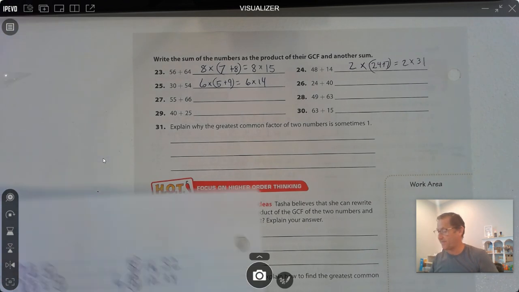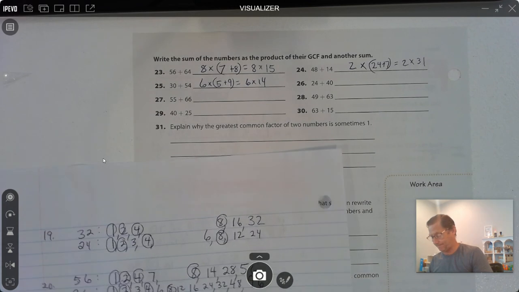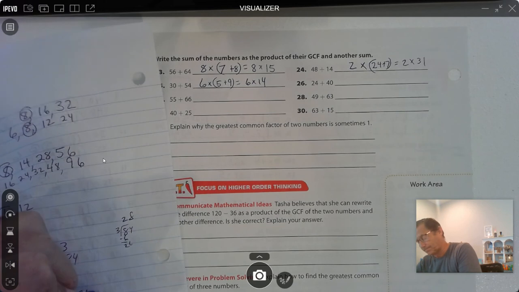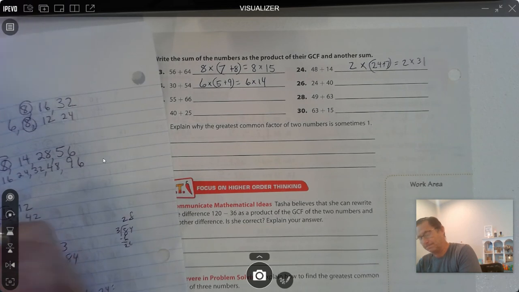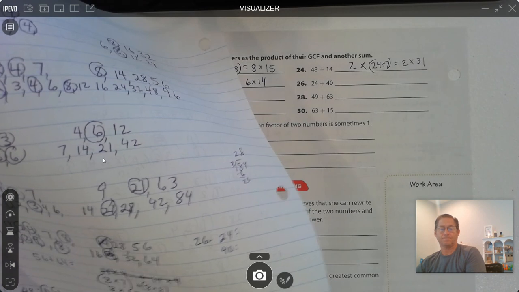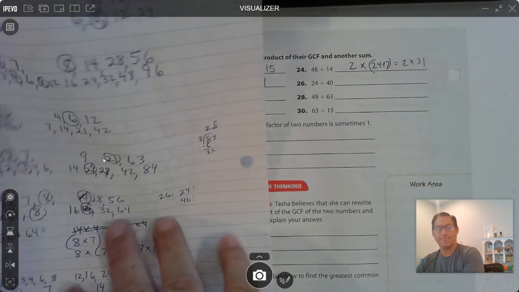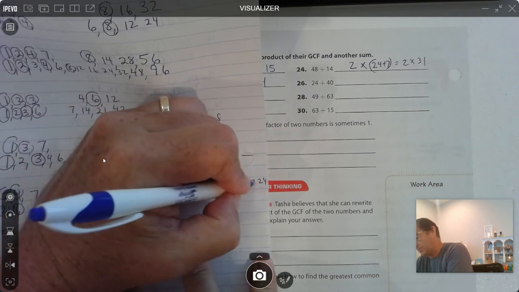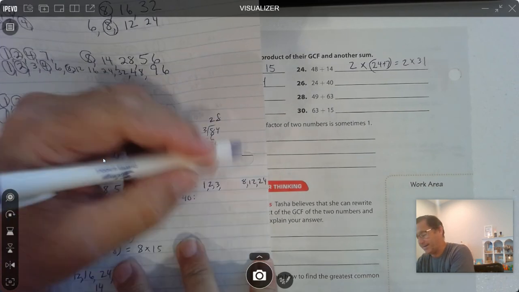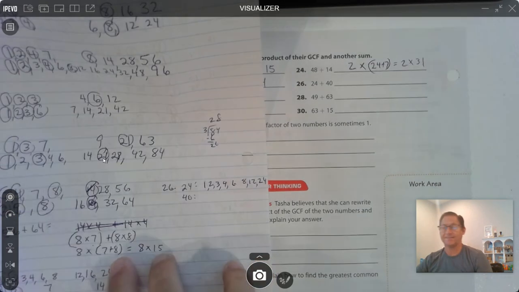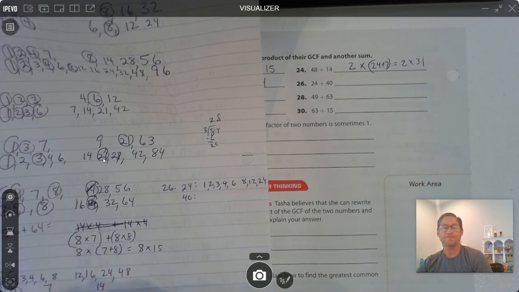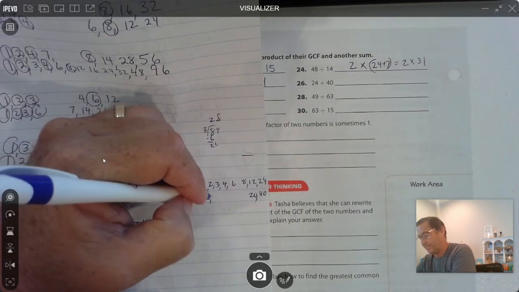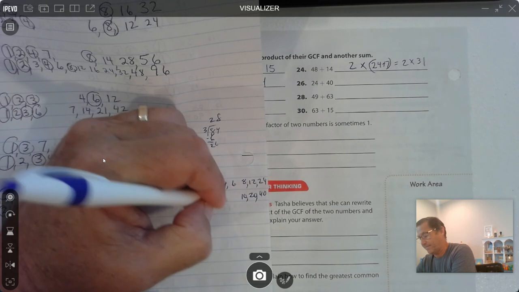26. We have to find the greatest common factor of 24 and 40. 1 and 24, 2 and 12, 3 and 8, 4 and 6. 40: 1 and 40, 2 and 20, 4 and 10, 5 and 8.